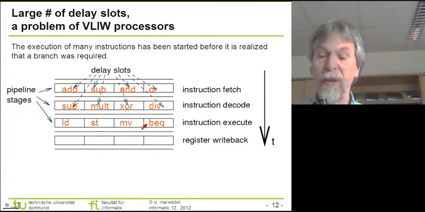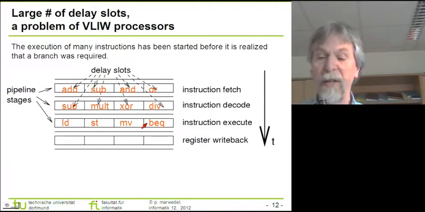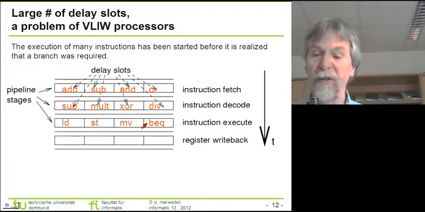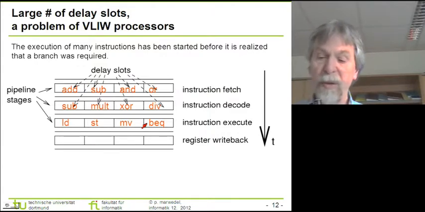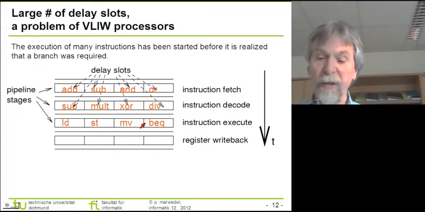Whether or not we will take this branch might be decided only at the time when we execute this branch instruction. Now that means that at the time when we know whether or not we have to branch into a certain direction, we do have already spent quite some effort on the instructions that have followed this first instruction packet over here.